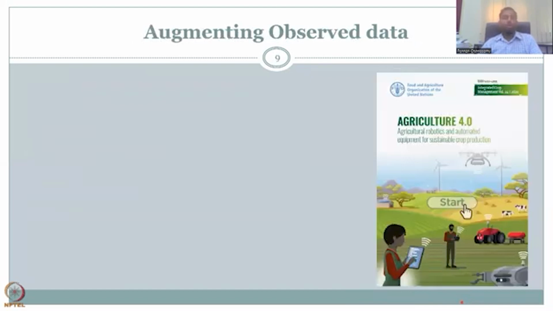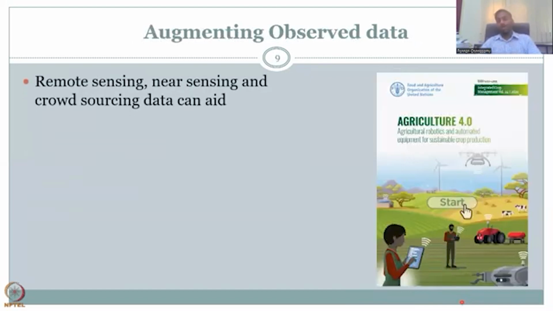When we talk about other data, there is a lot of automation happening, and one tool is remote sensing; near sensing and crowdsourcing can also aid. You can see here the FAO is promoting the use of drone imagery, where the image is converted to a data set using remote sensing GIS tools. Crowdsourcing can be a part of remote sensing also, because when you take an image without touching the object, it is kind of remote sensing.